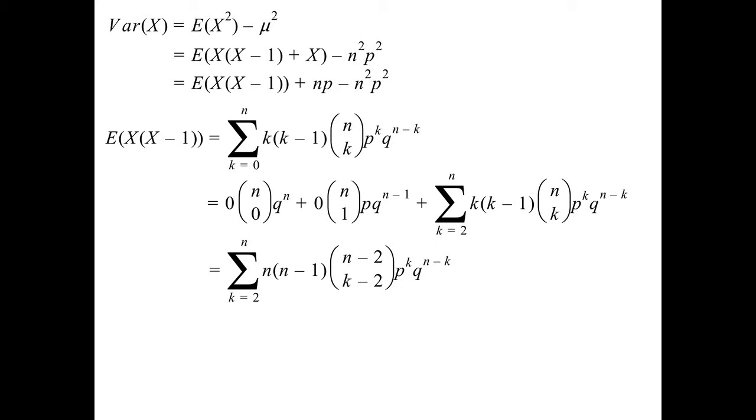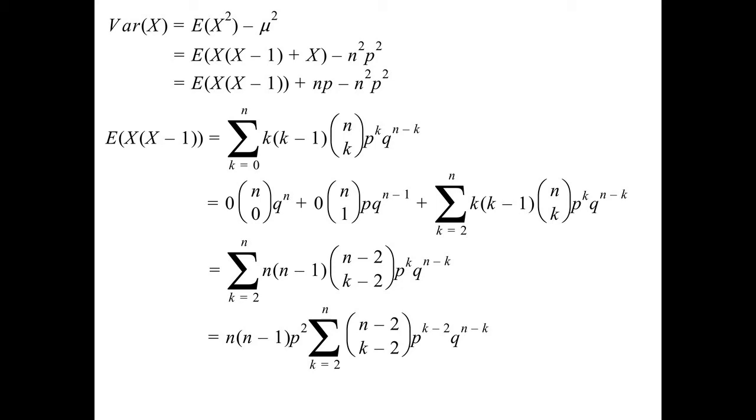So I've pulled out the n minus 1. It would leave me with n minus 2 C k minus 2. Okay? p to the power of k, q to the power of n minus k is still the same at this stage. Well, n's a constant, I can pull that out.